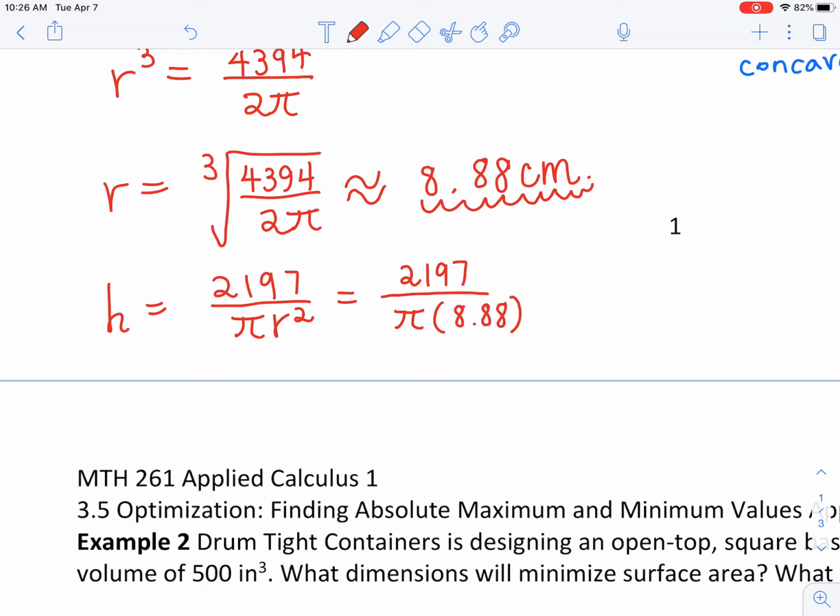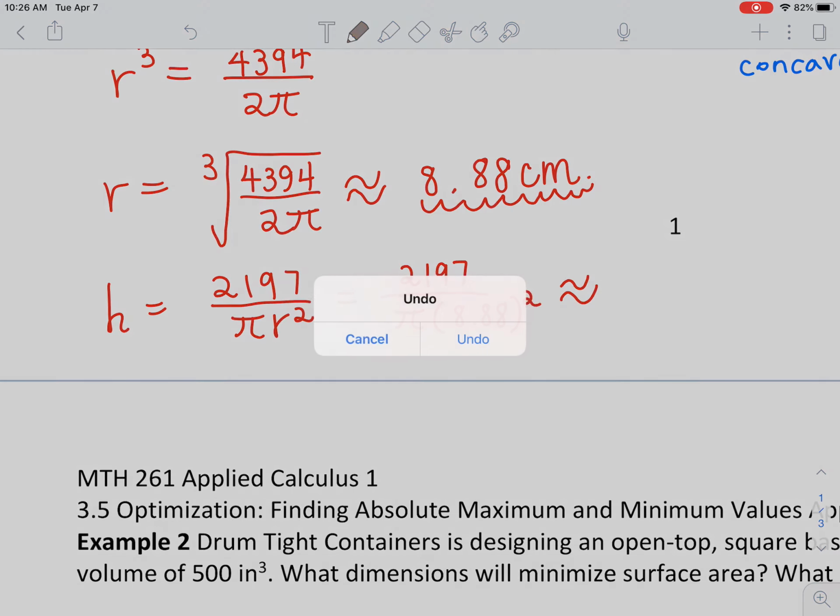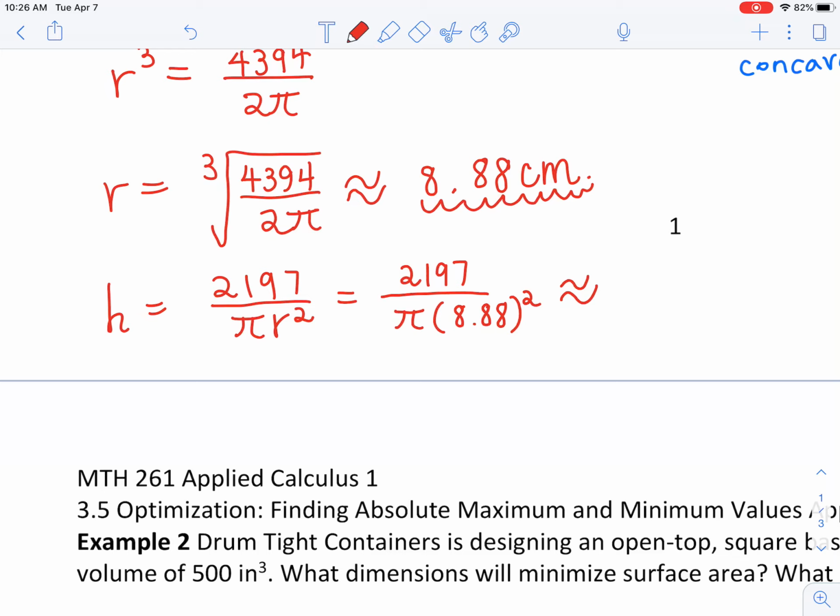That's going to be 2197 divided by pi times, now we just found what the radius is, 8.88 squared. And that's where we plug this into our calculator: 2197 divided by pi times 8.88 squared. And that got me 8.88 centimeters again.